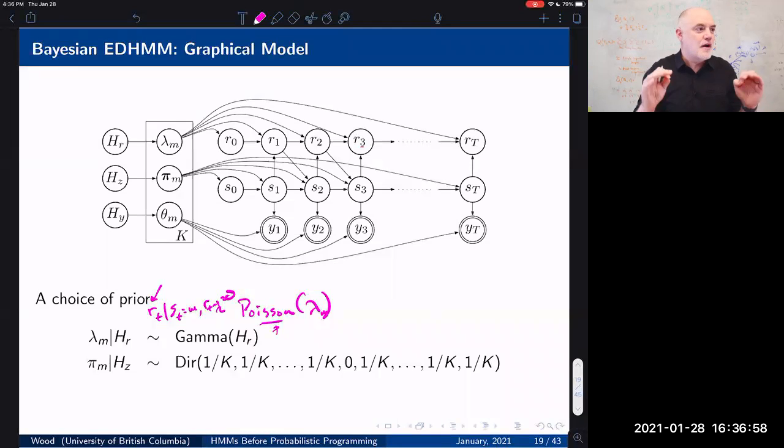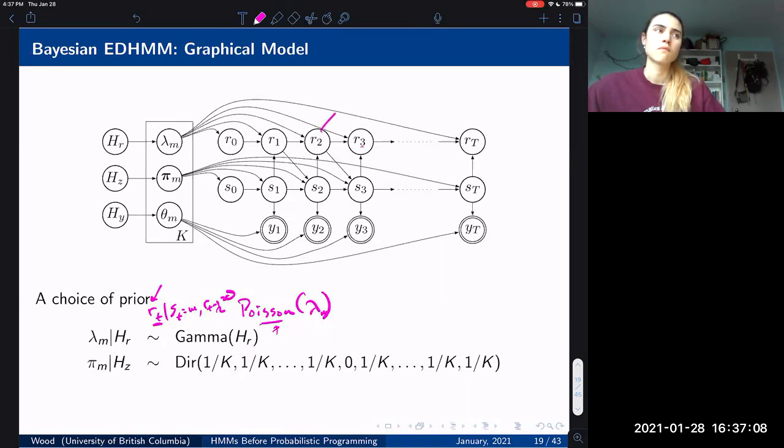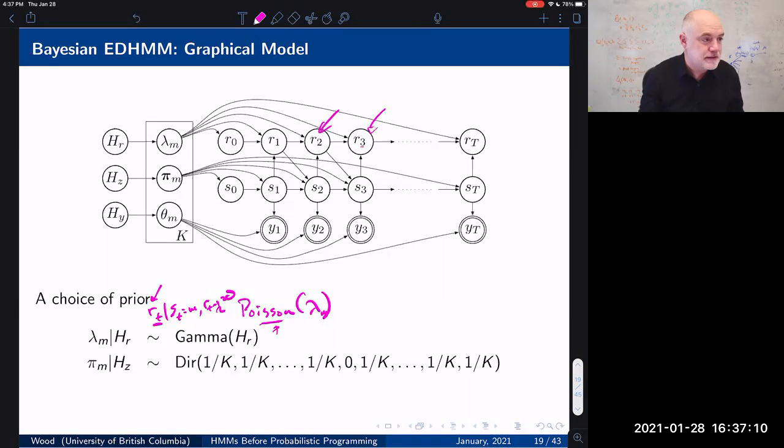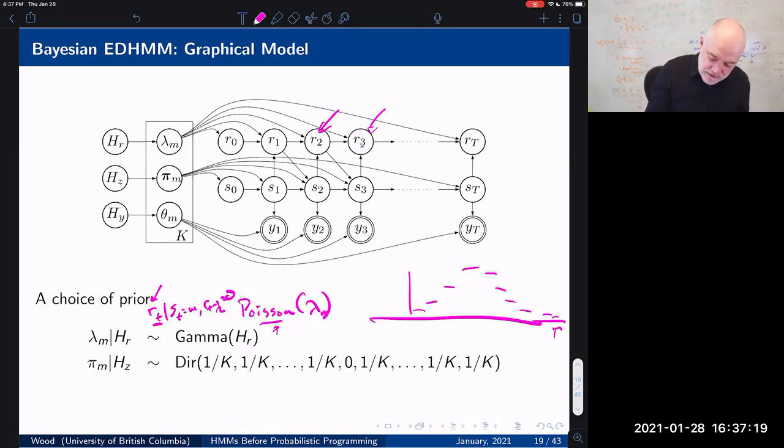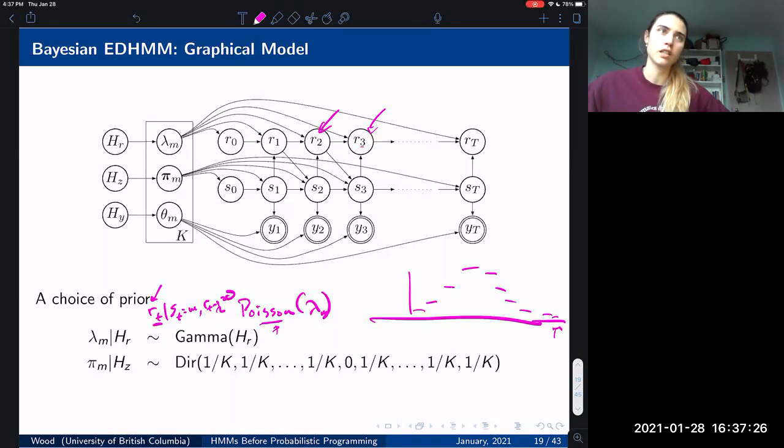I'm saying, usually when there's big T, I will say R big T or R capital T. So I'm saying the support of every single one of these little RTs, R little t, if it's Poisson with some rate, is a discrete distribution with non-zero support all the way to the right under a Poisson distribution. Okay. So R little t can take on infinitely many discrete values.